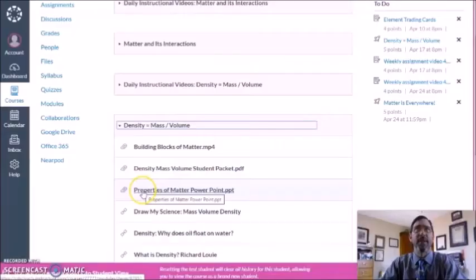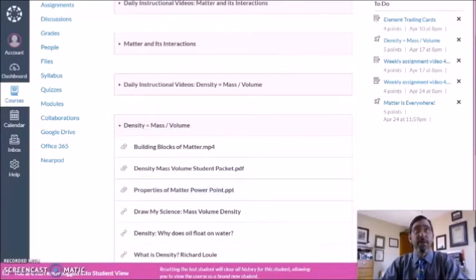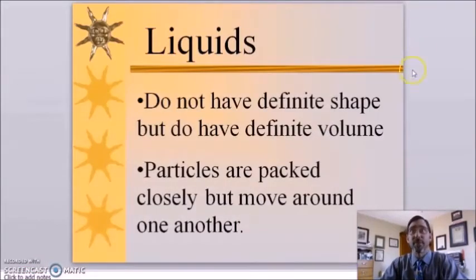So hopefully you have your foldable, and we'll add a couple things in the center section for liquids, and our example has been fresh water. And today we're looking at liquids. I should let you know that no matter what type of liquid you're talking about, they still have the same physical properties.